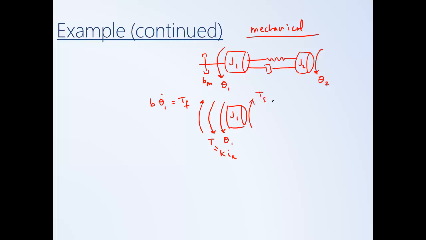So I can imagine that I'll have a TS in that direction. And the magnitude of the torque is proportional to the deformation of the spring. So it has some stiffness K, some spring constant K, and the amount of twist is equal to how much the one end moves minus how much the other end moves.